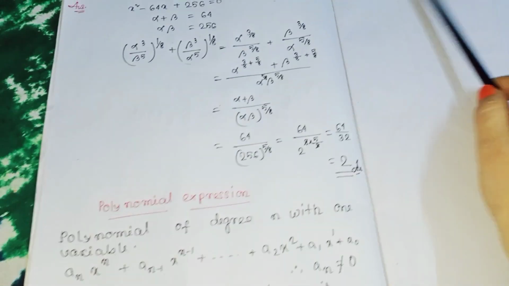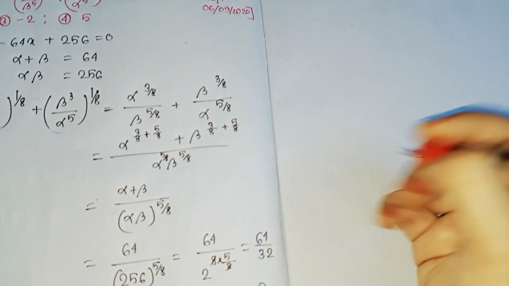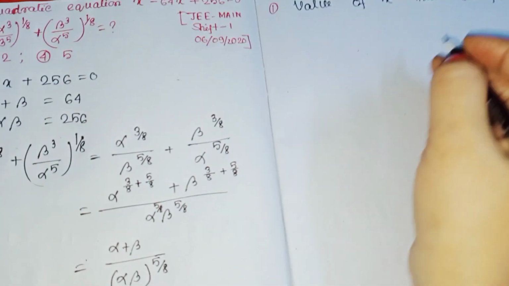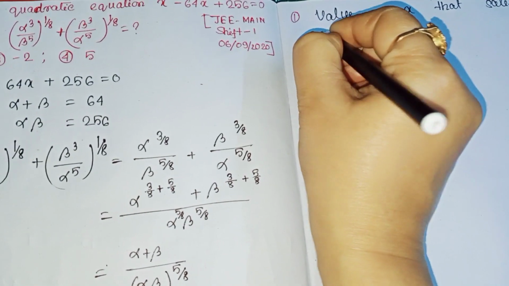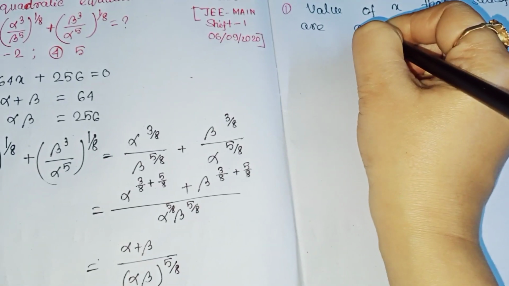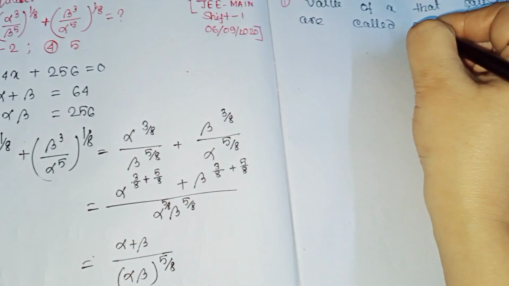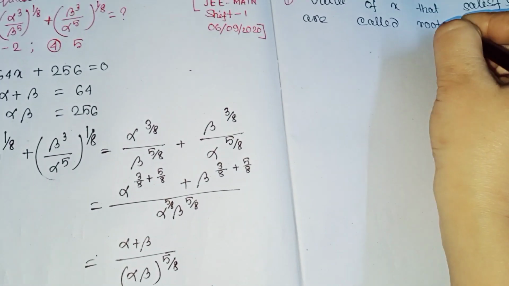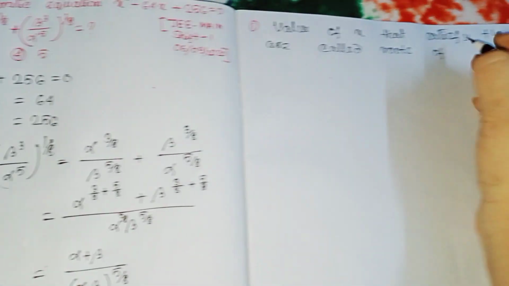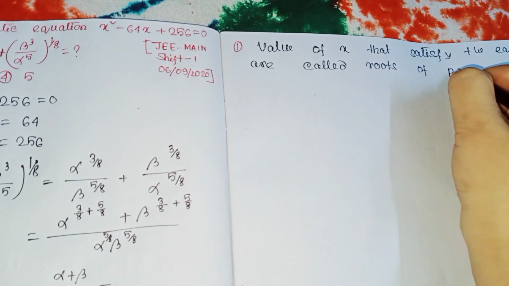If a value of x satisfies the equation, it is called a root of the polynomial.